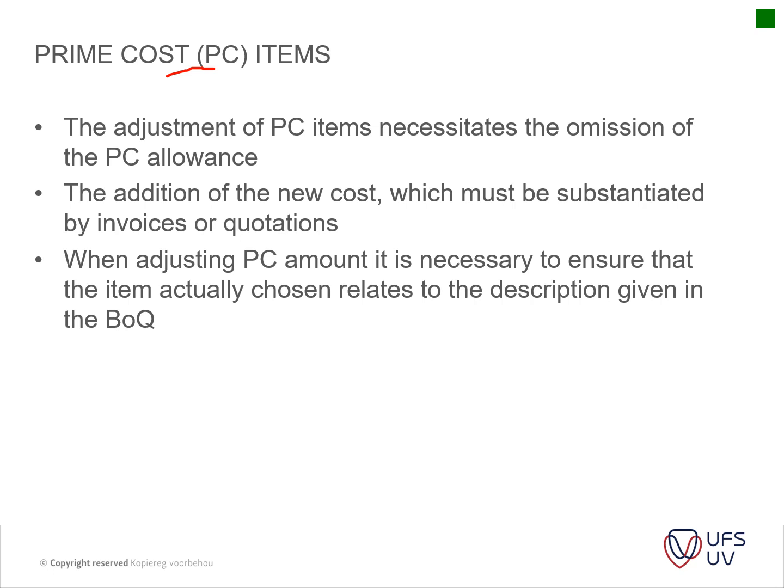So basically it is usually what we do, and I've spoken about this already, prime cost items is, for instance, where you have the supply of attic stock for tiling, for additional tiling to be installed on site. So you will have your prime cost item, and then you will have a markup underneath that item as a percentage on top of that item.